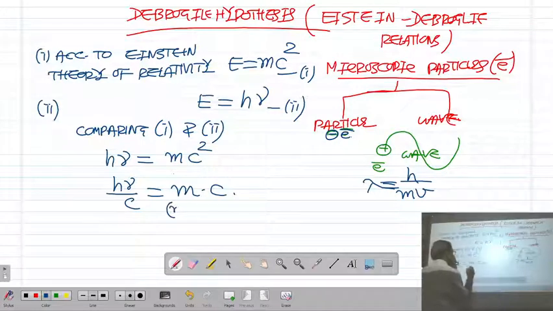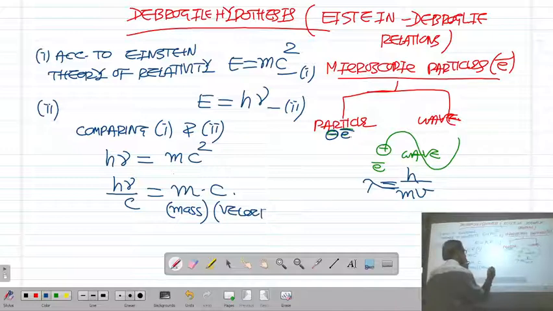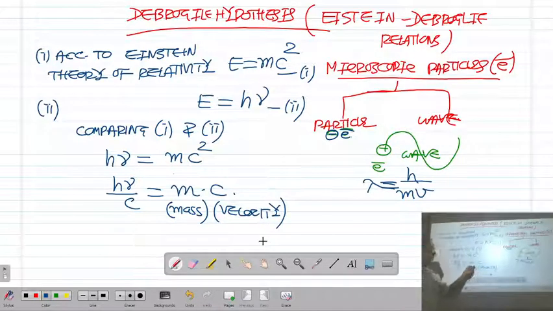So h nu upon c is equal to m into c, where m is the mass of the photon and c is the velocity of the photon. What is mass into velocity? That is momentum p.